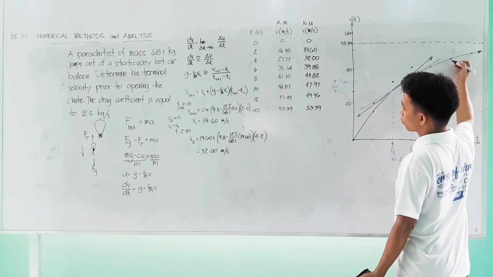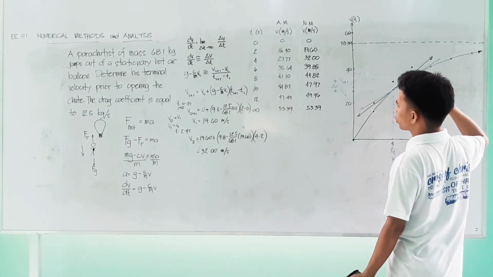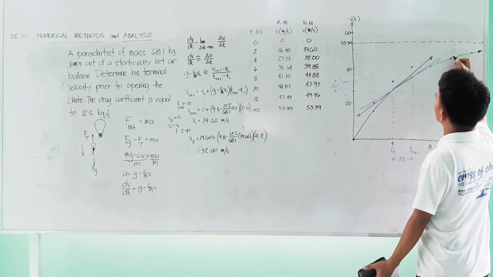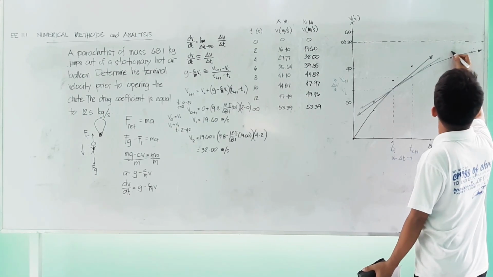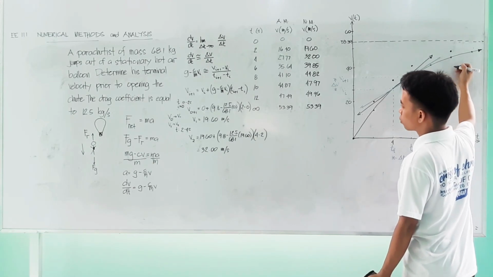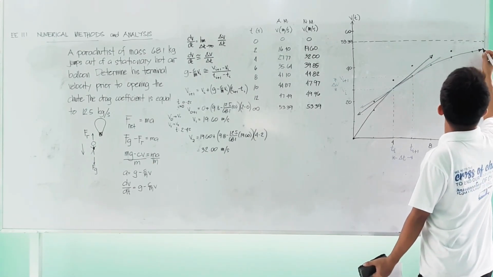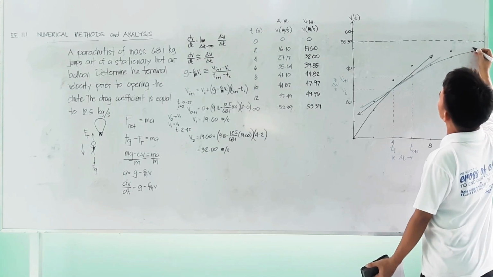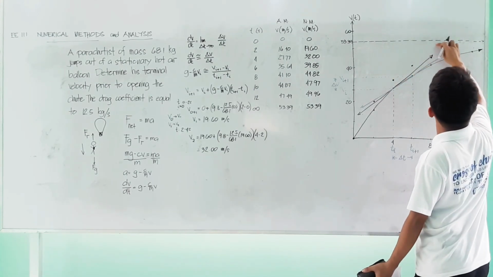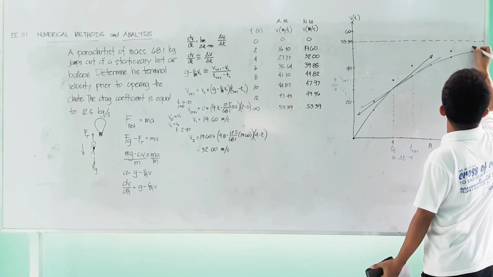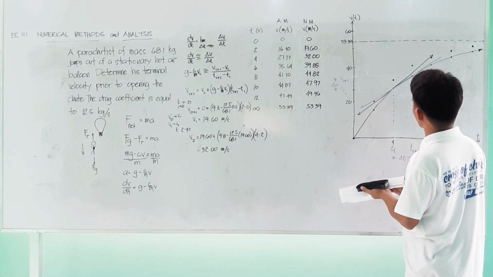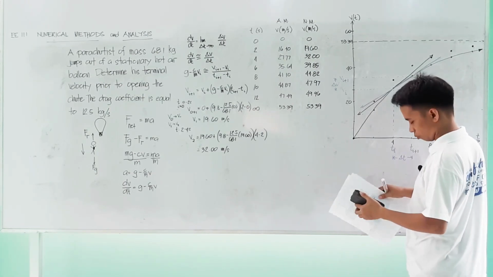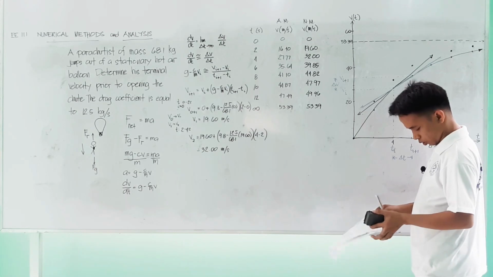At 10 it's 47, so it's here. At 12 it's 49. It's about here. So that would be, let's use another color.